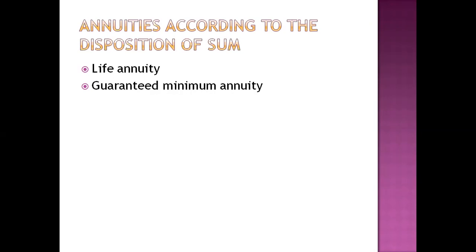Instead of continuing the annuity payment after the death of the annuitant, the difference of the purchase money and the annuity installments already paid is returned as a lump sum to the nominee. Simple. At the time of death.